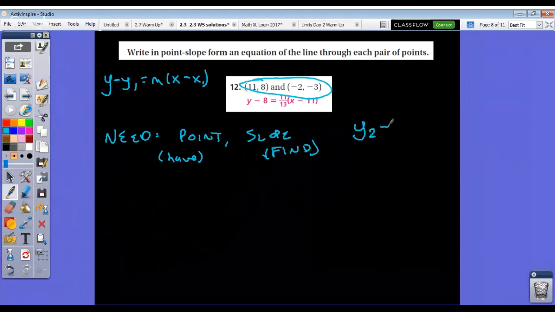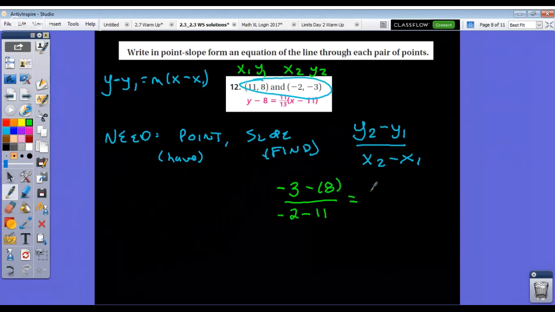We're going to go back to what we did in the first problem. To find the slope, we're going to use y2 minus y1 divided by x2 minus x1. I'm going to label my first point x1, y1, and my second point x2, y2. So instead of y2, we're going to place negative 3 minus 8. x2 is negative 2 minus 11.